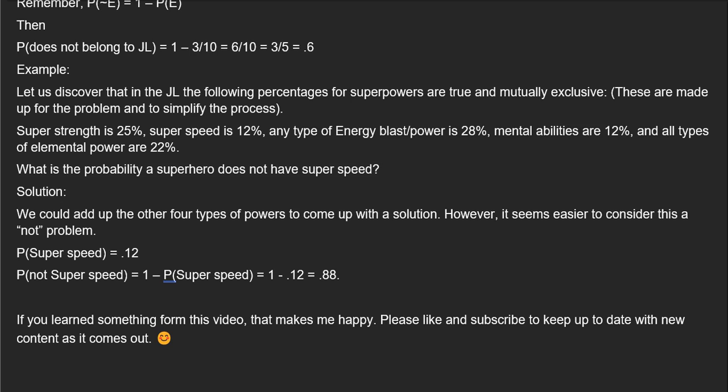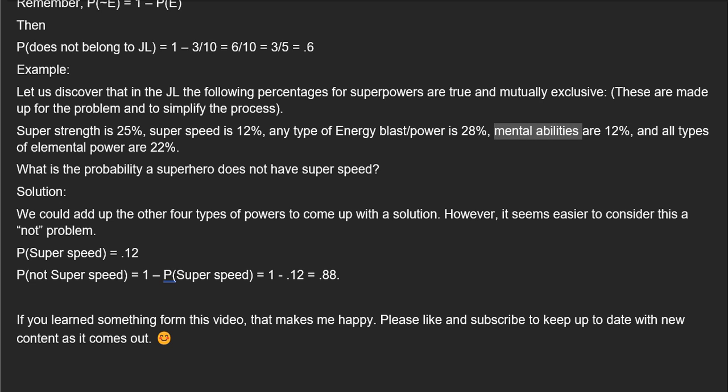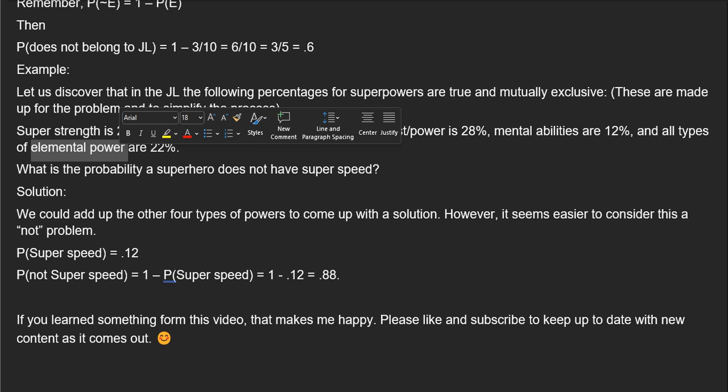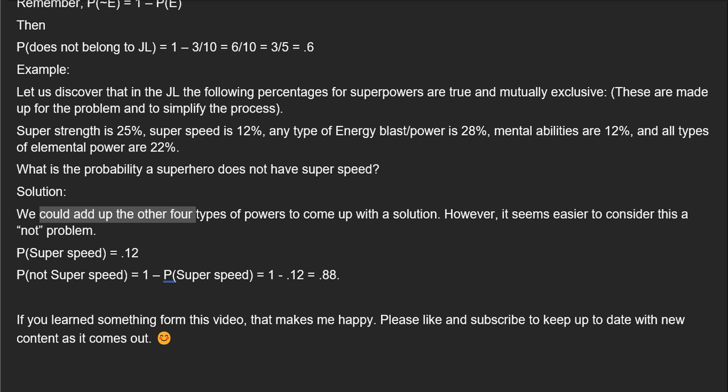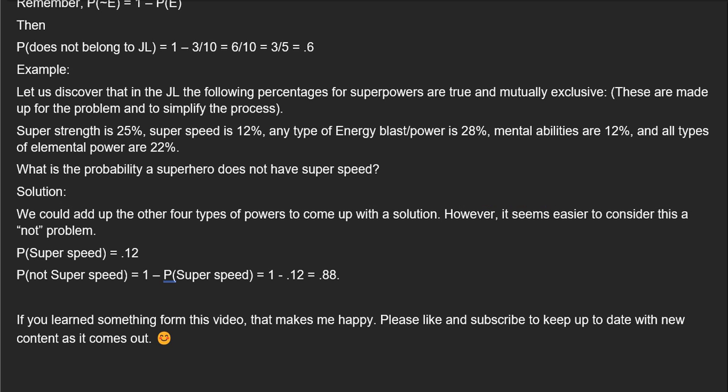Well, that would be the probability of super strength, or energy blast, or mental ability, or elemental power. What I would do is add up the other 4 types of powers to come up with a solution. However, that's 3 additions of the 4 powers.